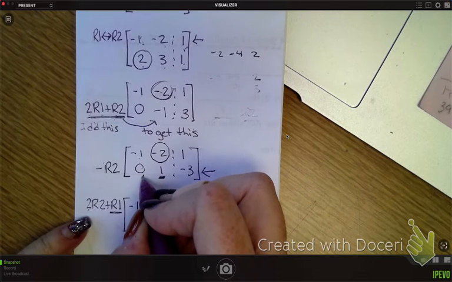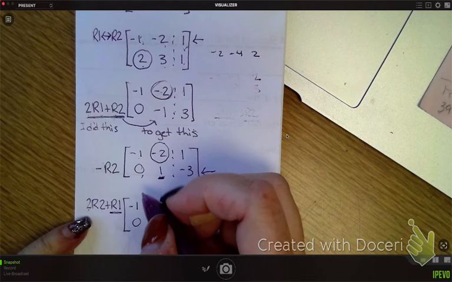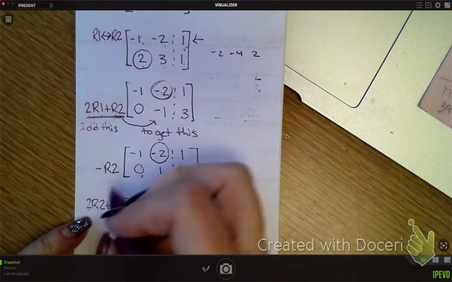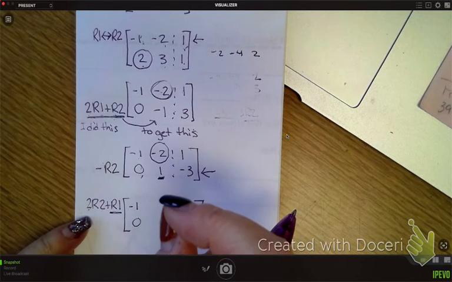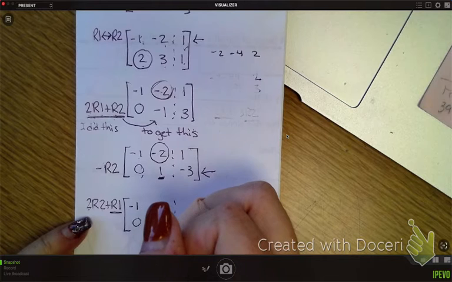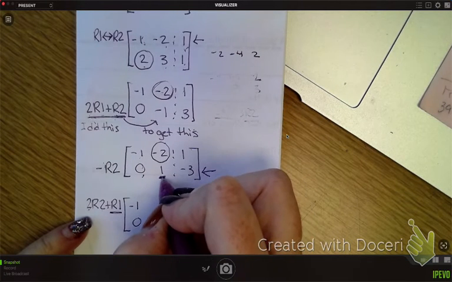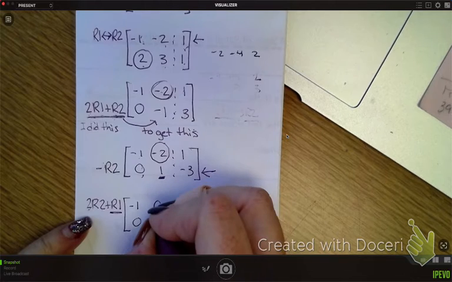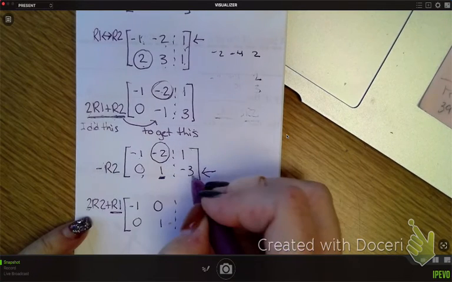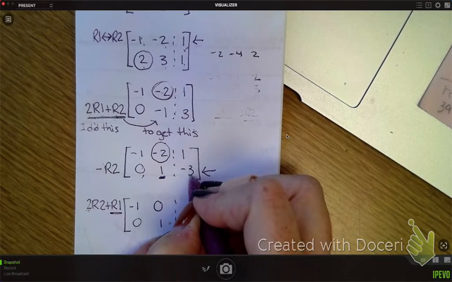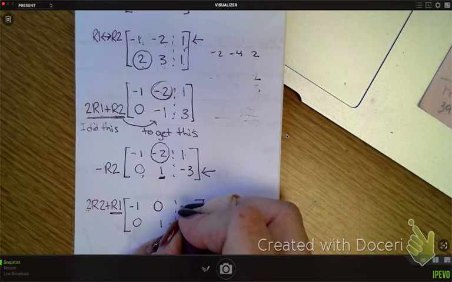Oh, I did these wrong. -2. I timed it by the first row first. Nope. That's why it's not next to the first row. Okay. 2 times 1 is 2 plus -2 is what? 0. Oh. 2 times -3 is -6 plus 1 is -5.